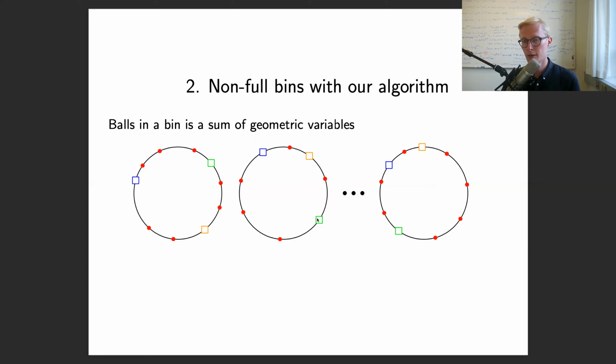So essentially, the number of balls landing in a given bin becomes a sum of geometric random variables with different parameters. So what we have to do is make the analysis from the simpler problem also work in this more complicated setting, and it turns out that we can in fact do this, and again obtain that the fraction of non-full bins is going to be asymptotically f, this formula.